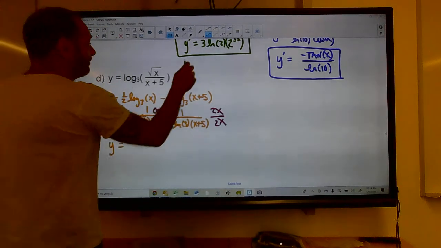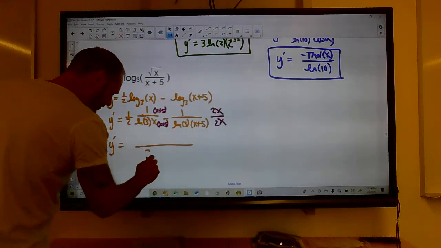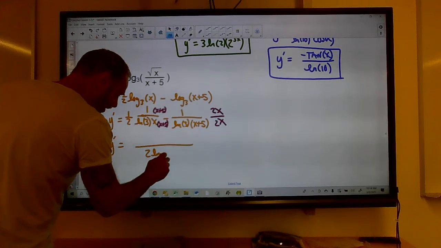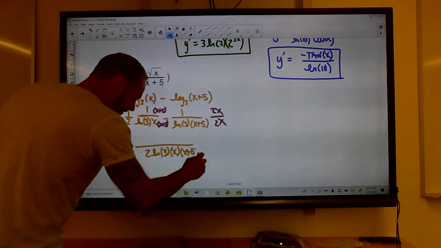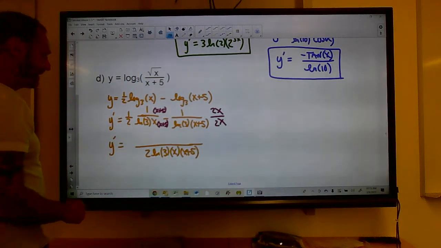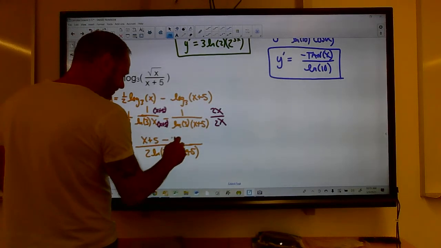So that's going to give me a denominator that's 2 natural log of 3 times x plus 5. And then I'm going to have an x plus 5 minus a 2x.